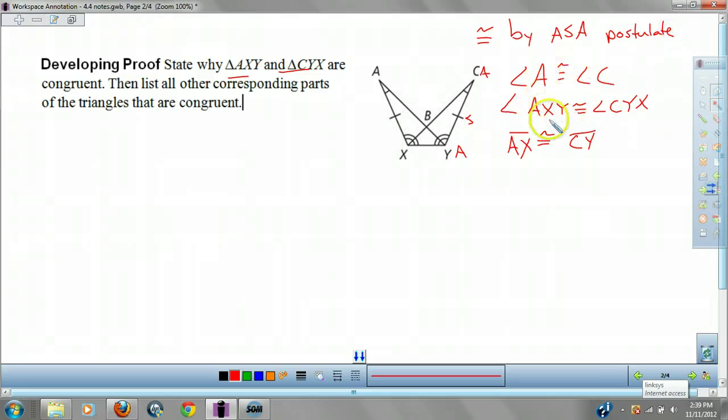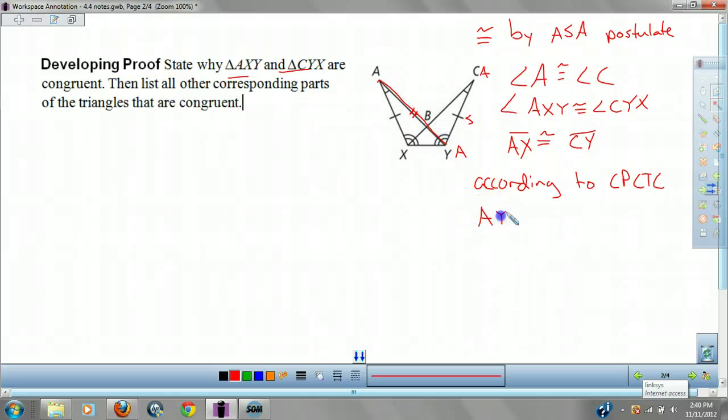So we have three things listed, but we need a bunch more. Now, according to corresponding parts of congruent triangles are congruent, if these two triangles are congruent, so are the corresponding parts. This is where it gets tricky. I'm looking at this whole segment, AY.